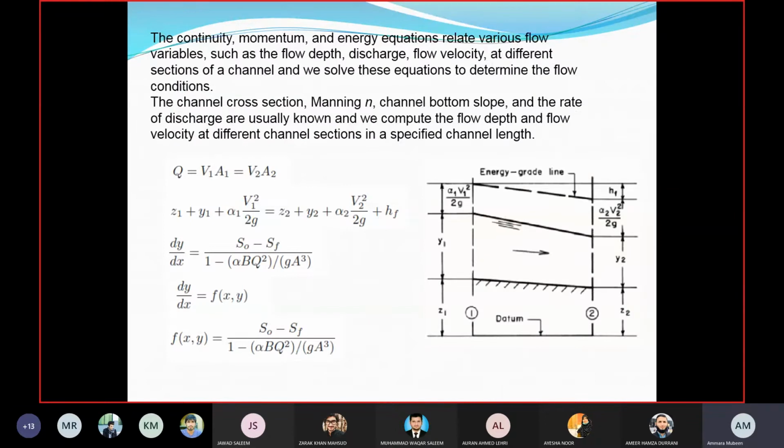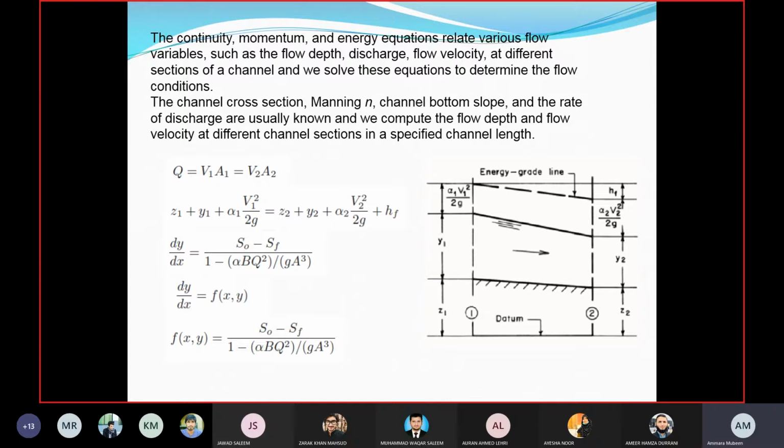So the equations which are used to determine the depths are the continuity equation, momentum equation, and energy equation, which are related to various flow variables such as flow depth, discharge, and flow velocity at different sections of a channel, and we solve these equations to determine the flow conditions.